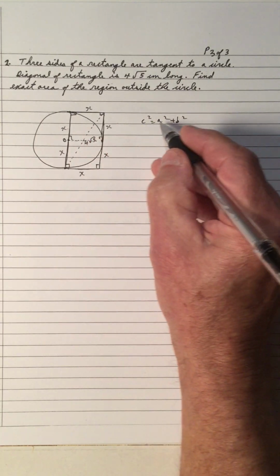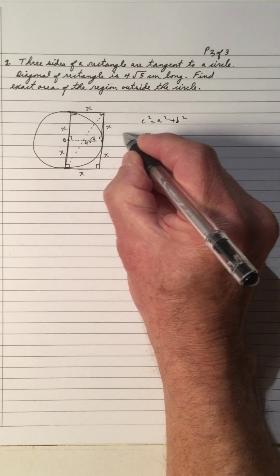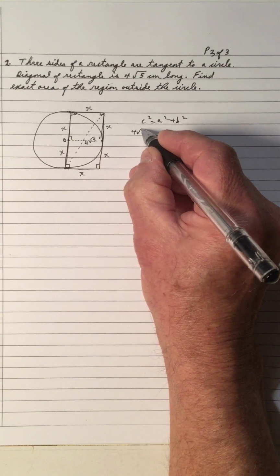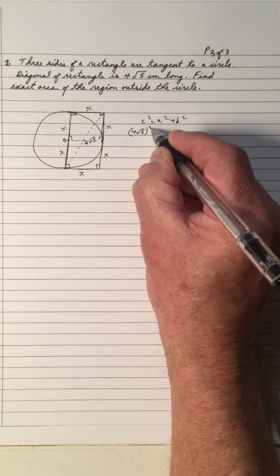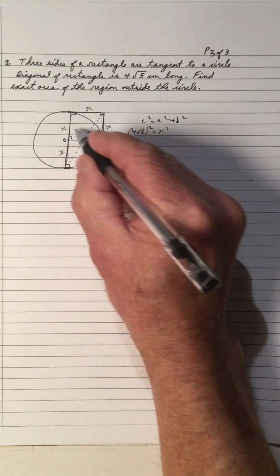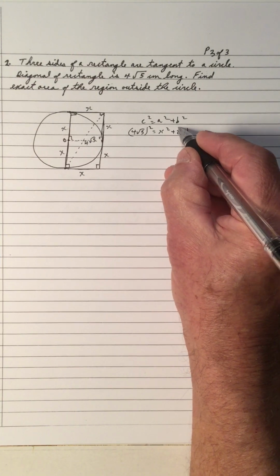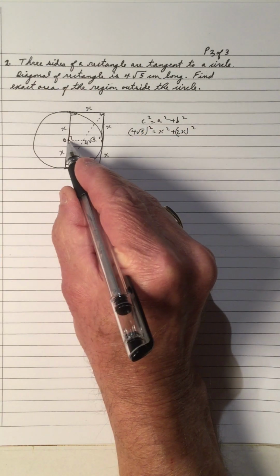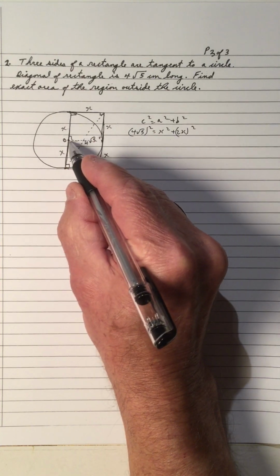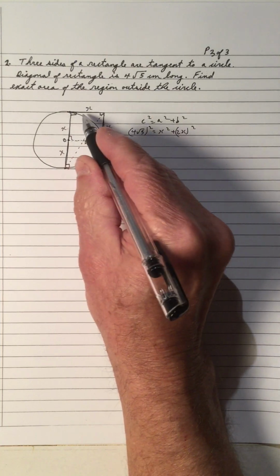So that means that in this rectangle, we have the hypotenuse is 4 root 5 being squared, and this side is x, and this side is 2x. Again, just to make sure, this is the radius, this is the radius, this is the radius. So all these are equal.